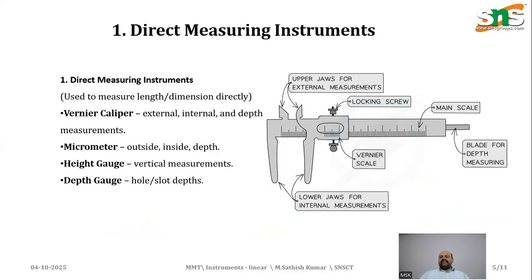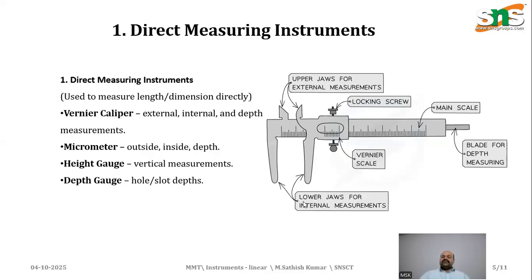Coming to the classification of measuring instruments, we classify linear measuring instruments into three categories. One is direct measuring instruments. You all see a small Vernier caliper diagram here. Right from the 6th standard, we have been introduced to this.